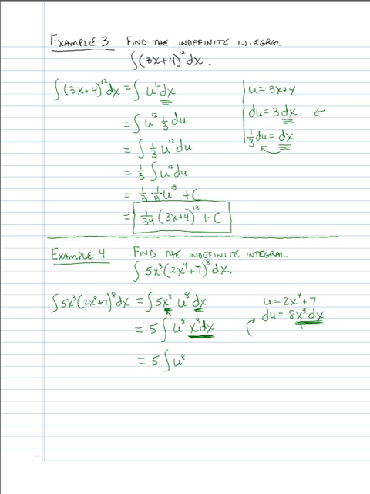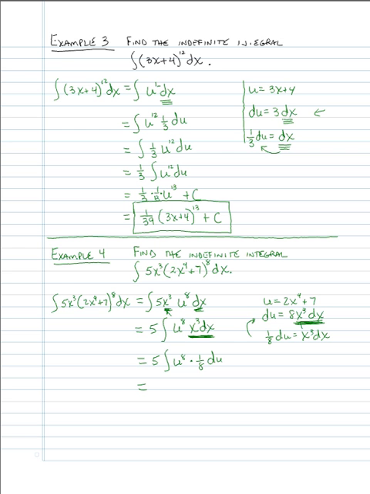So if we could solve this equation for x cubed dx, and we could do that by multiplying both sides by 1/8, then we would be able to replace x cubed dx with 1/8 du. And so that's what we do right here. We replace it with 1/8 du.